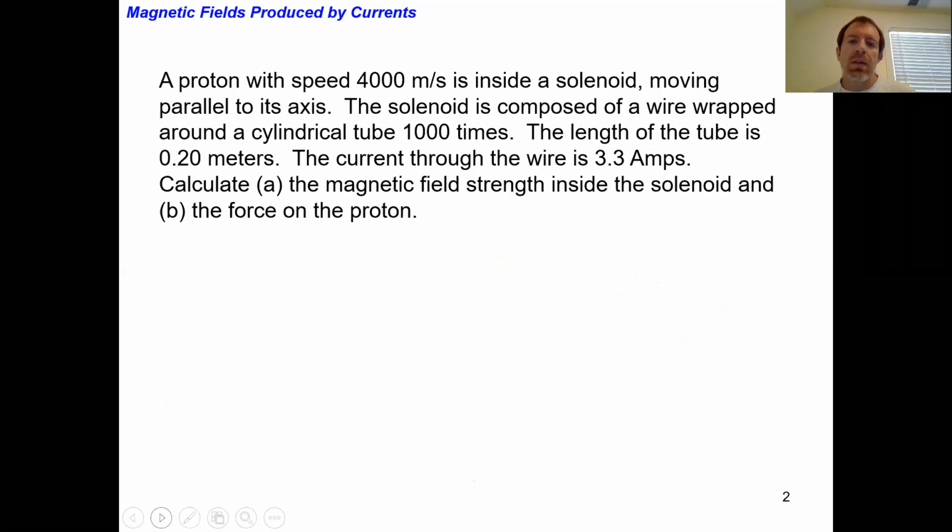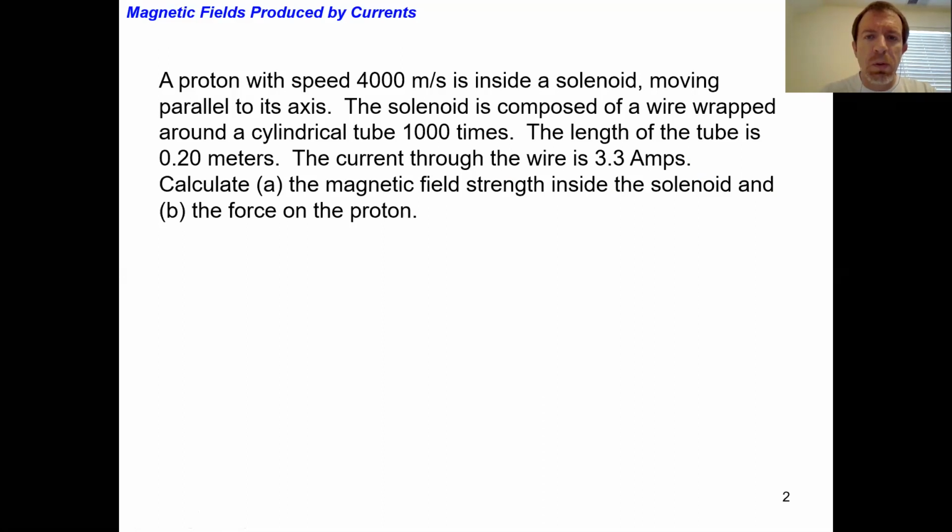We're given information about the solenoid: the wire wraps around it 1,000 times, and the total length of the solenoid is 0.2 meters. We're given the current of the solenoid. Then we're asked to figure out the magnetic field strength inside it, and also the force on the proton.